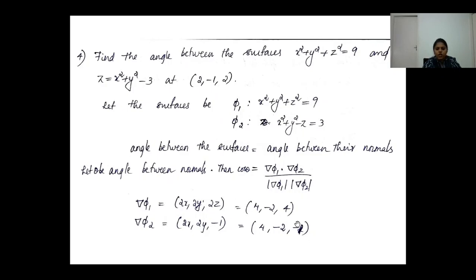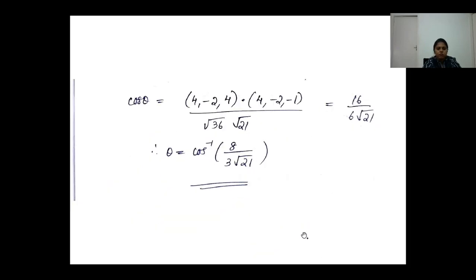So you are going to get these vectors, 4, minus 2, 4 and 4, minus 2, minus 1. So when you evaluate cos theta, this is del phi 1 dot del phi 2 by mod del phi 1 mod del phi 2. So that is 16 by 6 root 21. So theta will be cos inverse of 8 by 3 root 21. So that is the angle between the two surfaces at the given point.